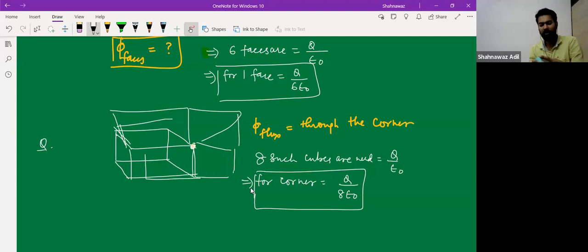So you put all those 8 cubes and then you will have a big cube whose charge is at the center, right? So you know that the flux will be Q enclosed by epsilon naught from Gauss law, right? So now we can calculate the flux from the small q, right? So for the corner, this would be q by 8 epsilon naught. Understood?